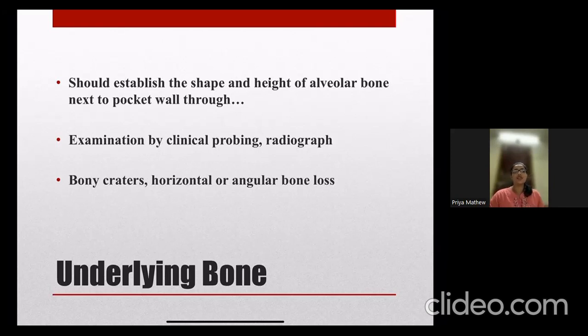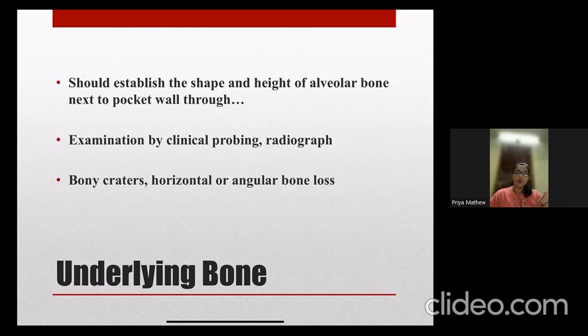So the management of bone is very important, as it is a key factor for the success of periodontal treatment. Now, how will we assess that? We should establish the shape and height of the alveolar bone next to the pocket wall. The methods by which we can assess the shape or height of the alveolar bone before reflection of the flap are clinical probing and radiographic methods.